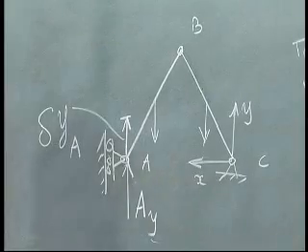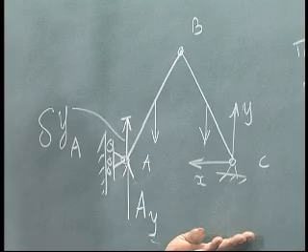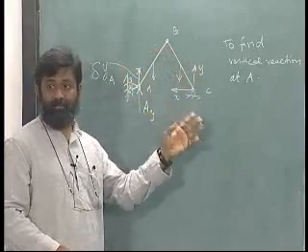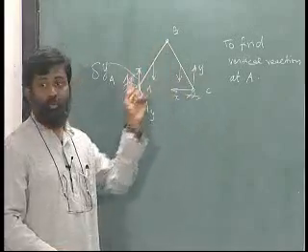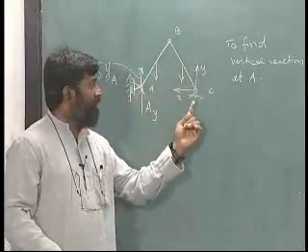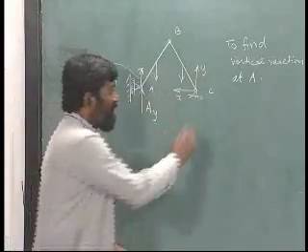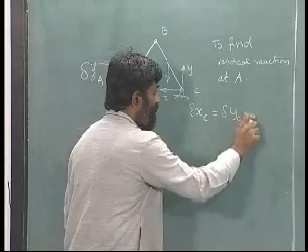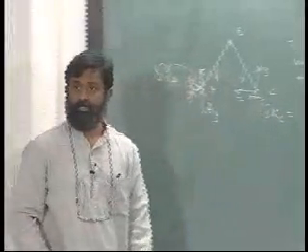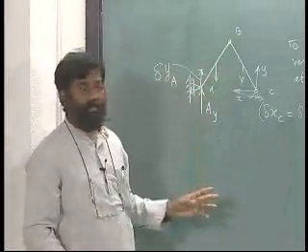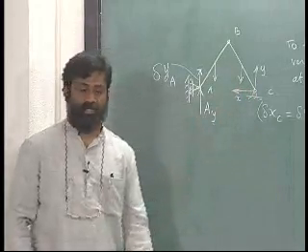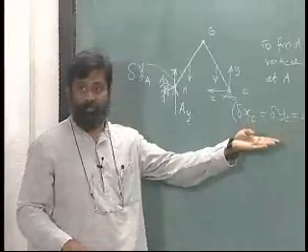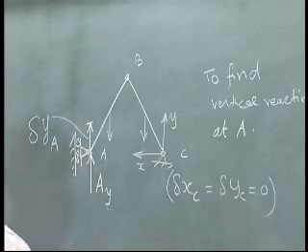We have to be consistent with the way in which displacements have been arrested and the movements are possible. Delta xc is equal to delta yc is equal to 0. The virtual displacement, whatever displacement I give anywhere, the virtual displacements at C are equal to 0.